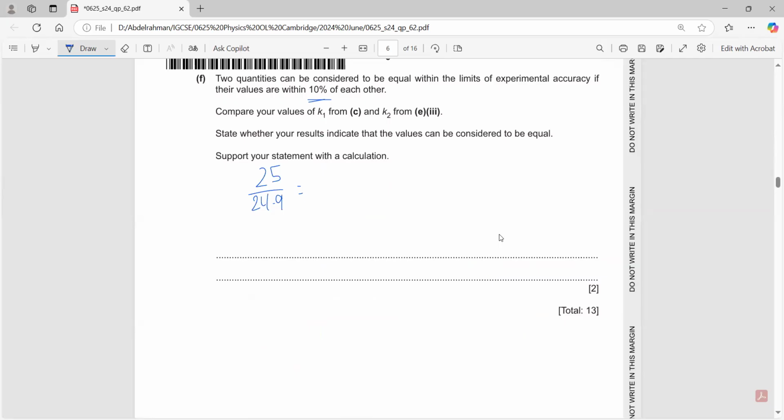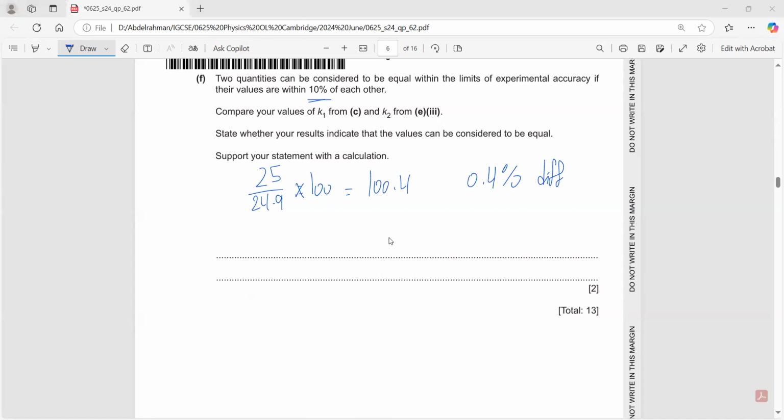A very small difference. We're talking about a 0.4 difference. If you multiply it by 100, this would be 100.4, which is only a 0.4 difference. Definitely, they are the same value.